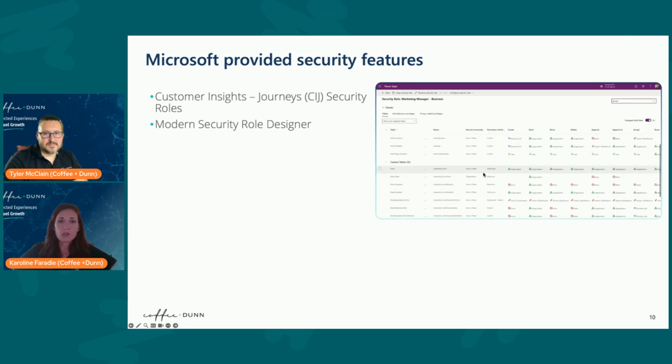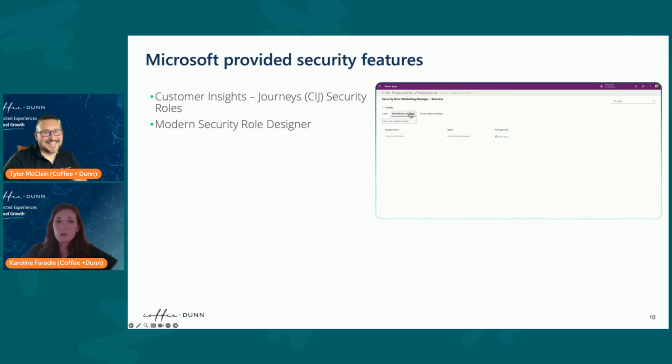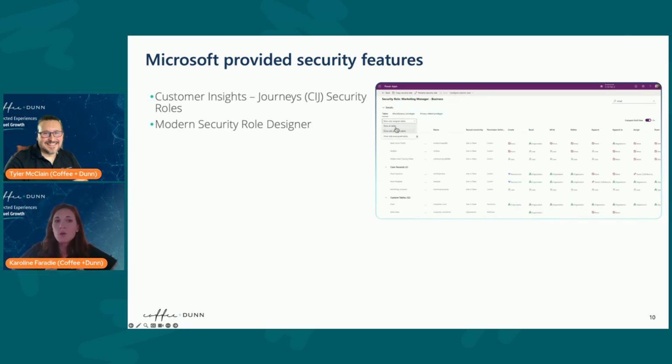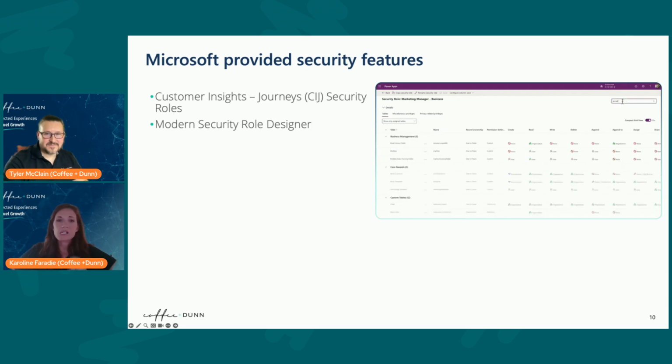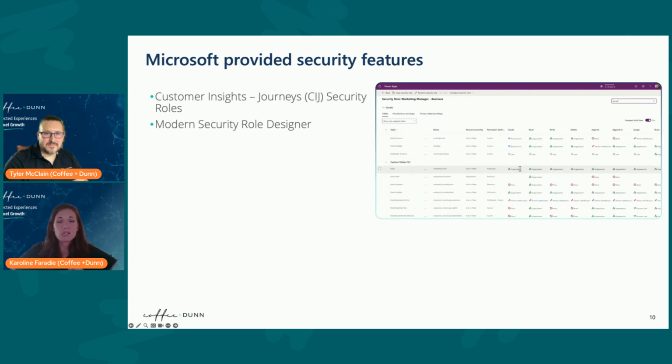You can filter based off of only wanting to see the assigned privileges related to a role, all of the tables, and you can filter and search. It gives you kind of a lookup view. One of the biggest differences to the classic view is it also gives you the schema name, which comes in quite handy in customer insights implementations when we're creating roles, because a lot of the tables have the same display name but a different schema name. So having the schema name available to you is great.